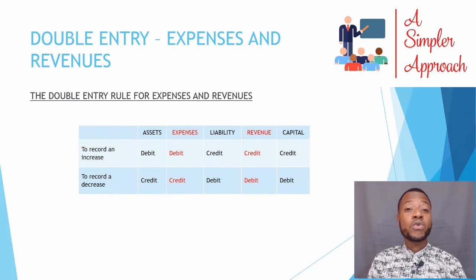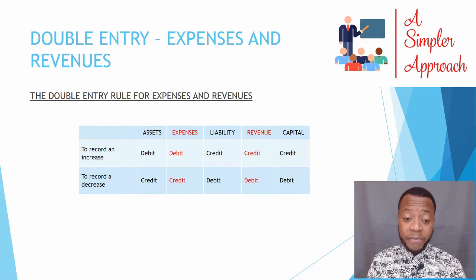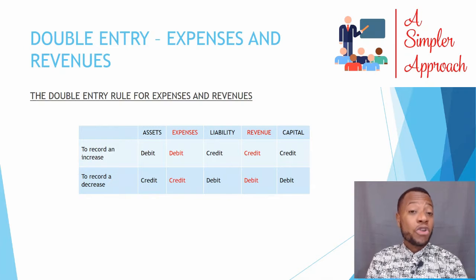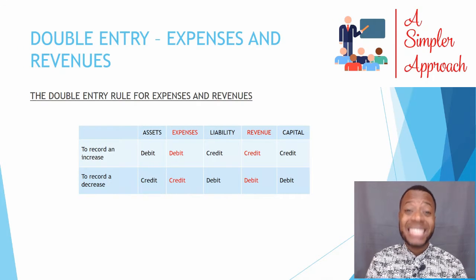And the double entry rule for liabilities is the same double entry rule for revenue. What do we mean? When an asset increases, we debit. When expenses increase, we also debit. When assets decrease, we credit. And when expenses decrease, we also credit. So the rule for the two is the same.